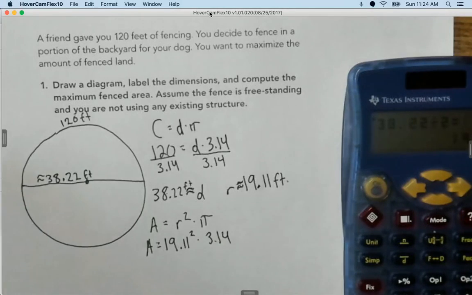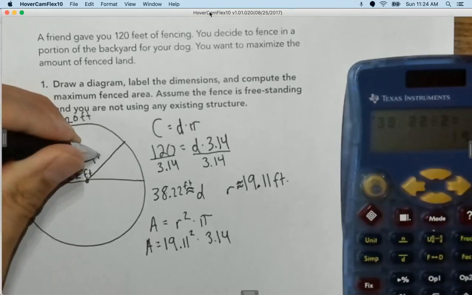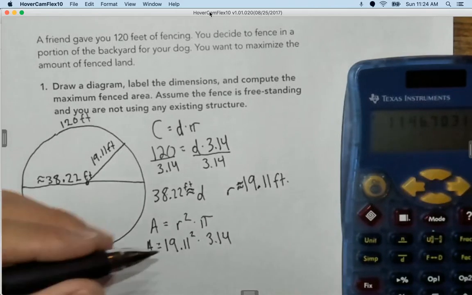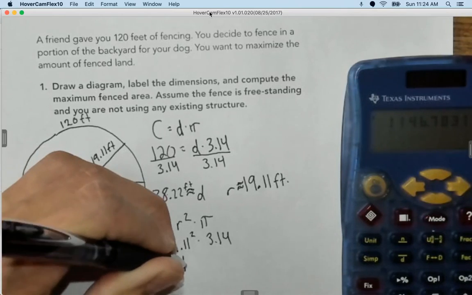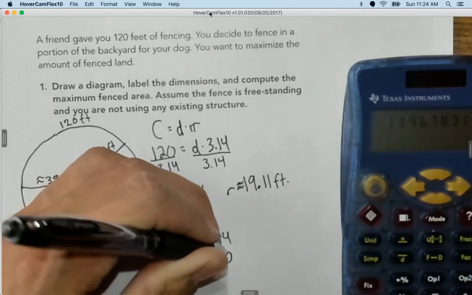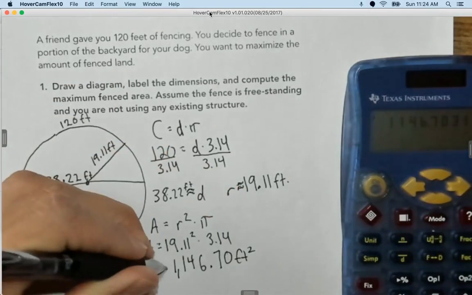I would times 19.11 feet by 19.11 feet, and then times it by my approximation for pi. And so I get an area of 1,146 and 70 hundredths feet squared.